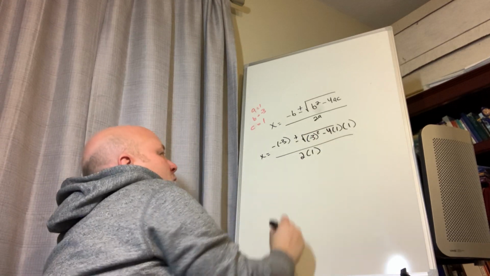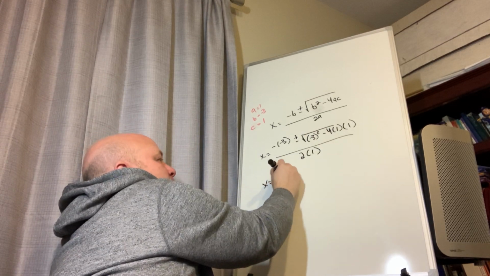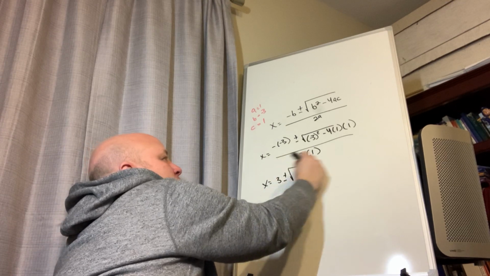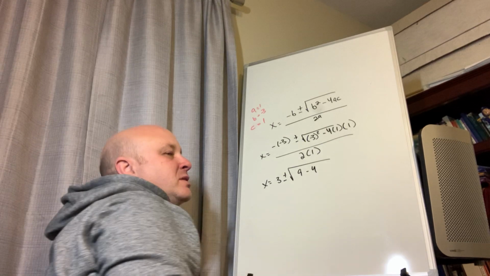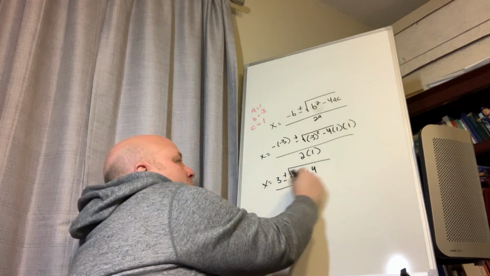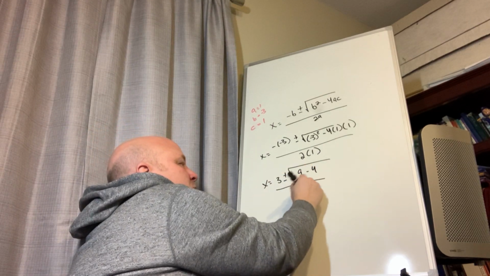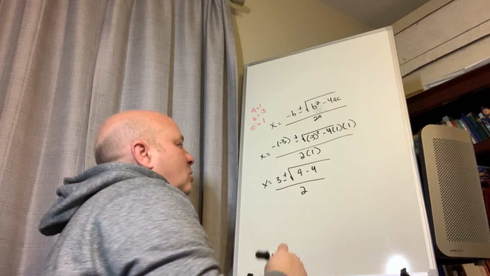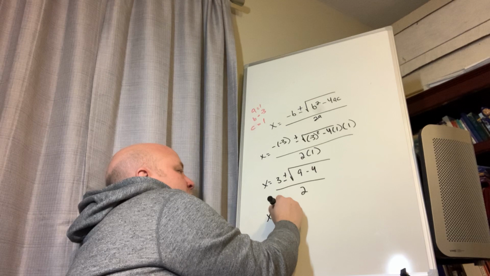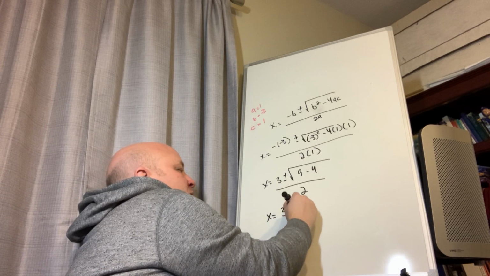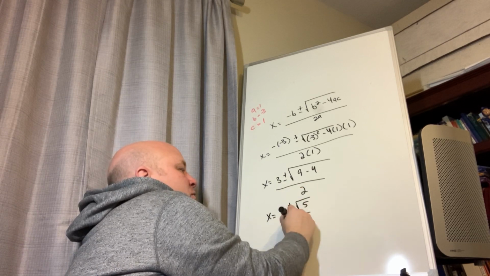All right, so here we go. X equals 3 plus or minus the square root of 9 minus 4, because negative 4 times 1 is negative 4. All of this is over 2 times 1, which is 2. All right, so let's set this up. I have x equals 3 plus or minus the square root of 5 over 2.